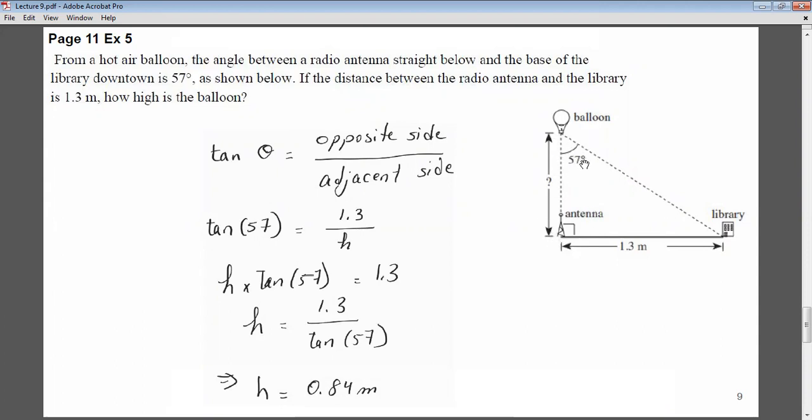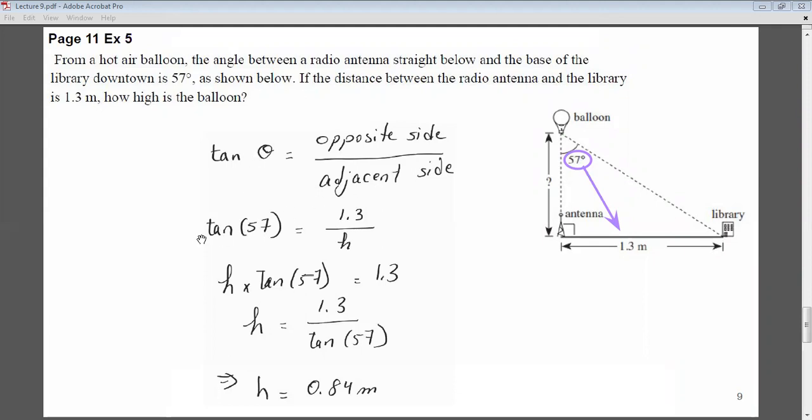So what do I have? I have the angle. I have the opposite of the angle, and I need the adjacent. Which of the three equations can help me get that? It's the tangent. Tangent is opposite over adjacent.